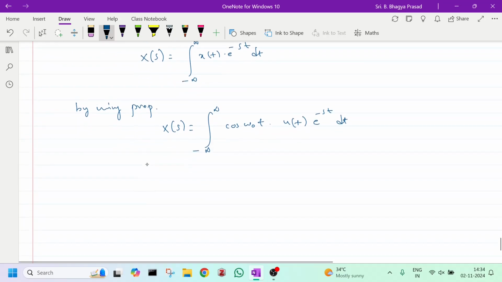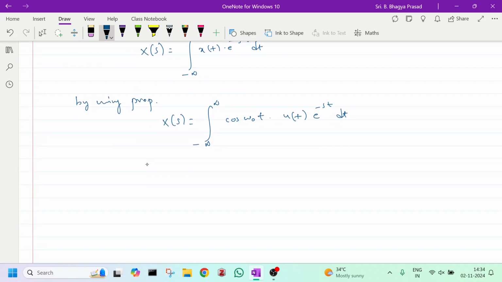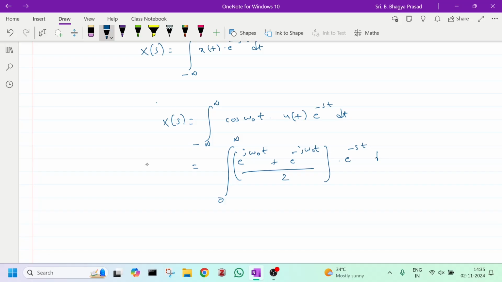This is by using the expression, not by using property. Let us solve later by using property. Writing cos omega naught t as e power j omega naught t plus e power minus j omega naught t, divided by 2, I will write the integral from 0 to infinity, removing u of t, of e power minus st dt.